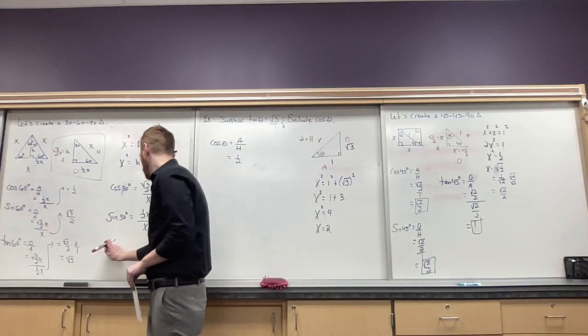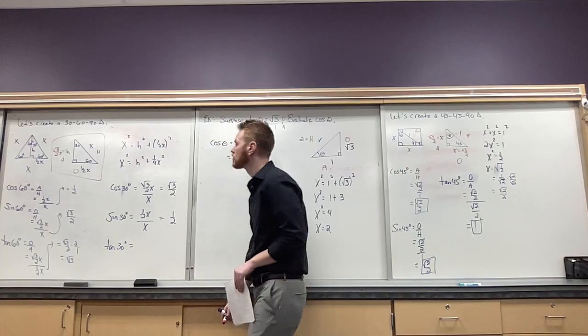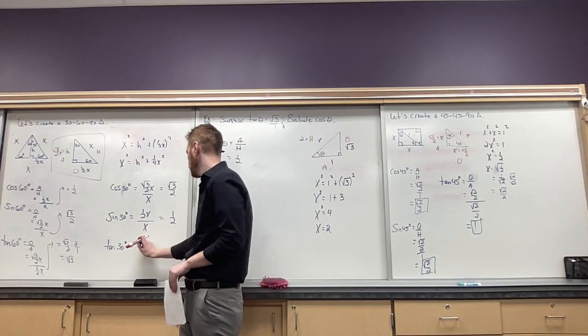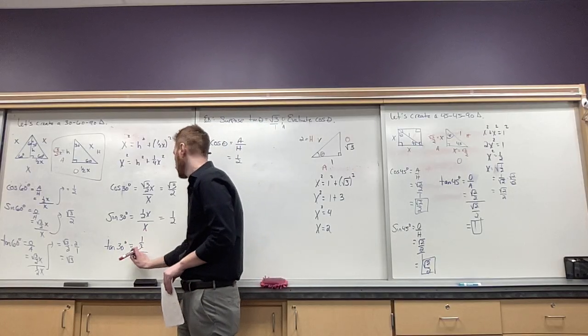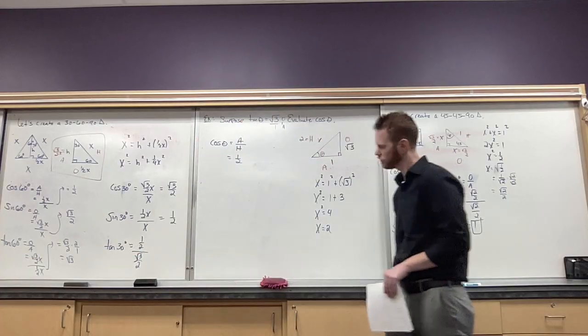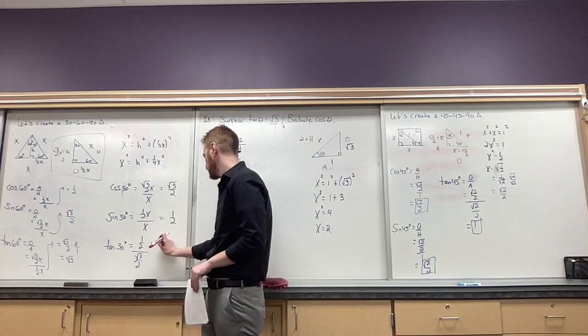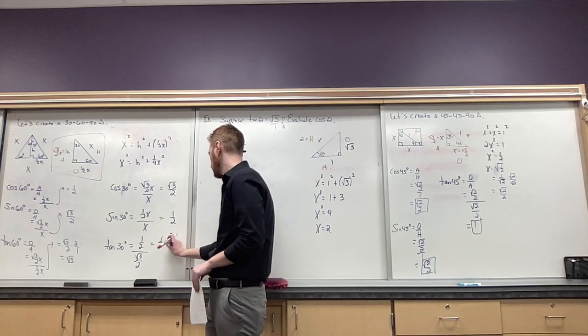Last one, tangent. This is going to be a little bit more work. So it's going to be a half over square root of 3 over 2. Let's do some side work over here. That's the same thing as a half times 2 over square root of 3.